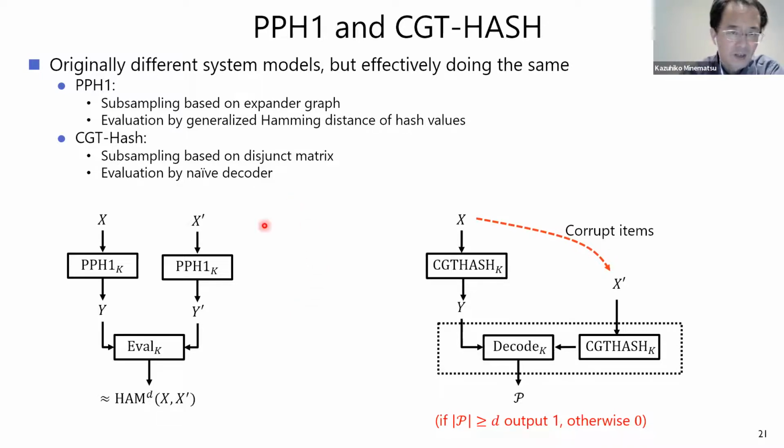In the original PPH, subsampling is based on the expander graph, and property evaluation is done by computing the generalized Hamming distance of hash values. For the CGT hash, subsampling is based on the disjunct matrix, and property evaluation is done by the naive decoder.